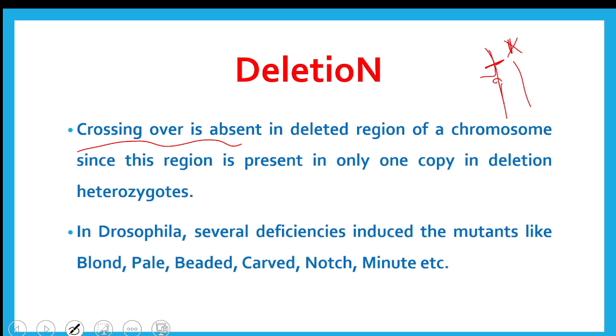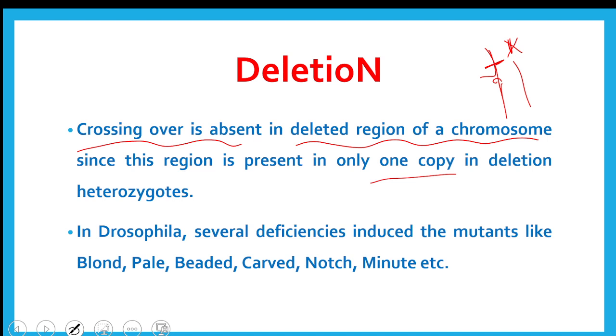So crossing over is absent in the deleted region of a chromosome, since there is only one copy present in deletion heterozygotes. We cannot think about crossing over in deletion homozygotes because that portion is already lost. Crossing over may take place at any other place other than where the deletion has taken place.